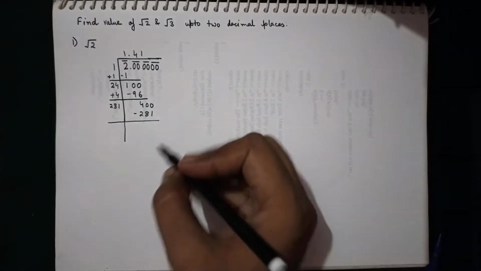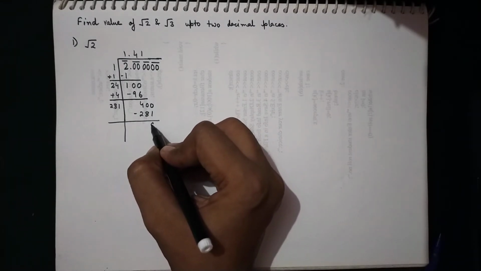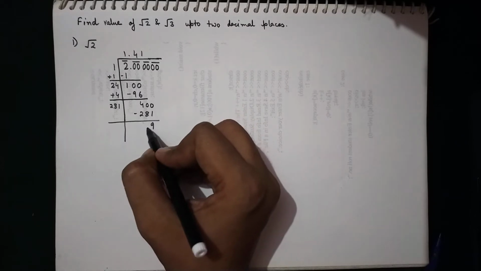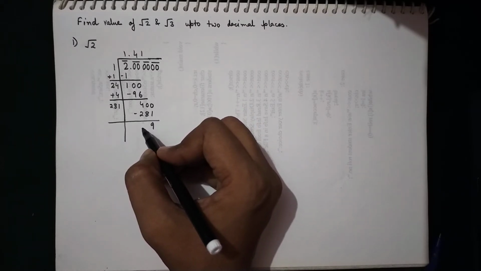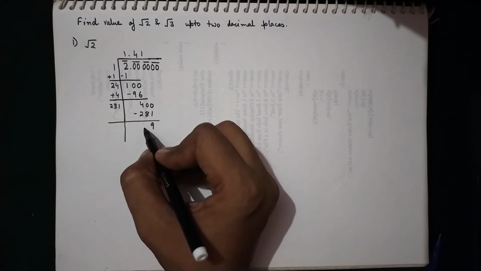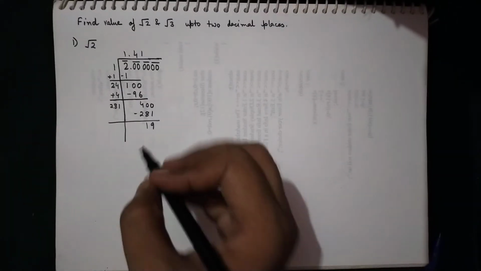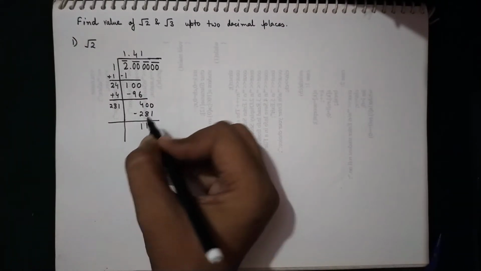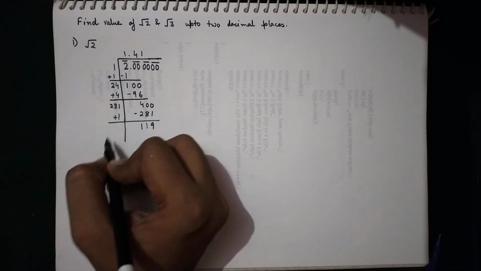On subtracting you will get 19, and here again 1. Now this will be added, that is 1.